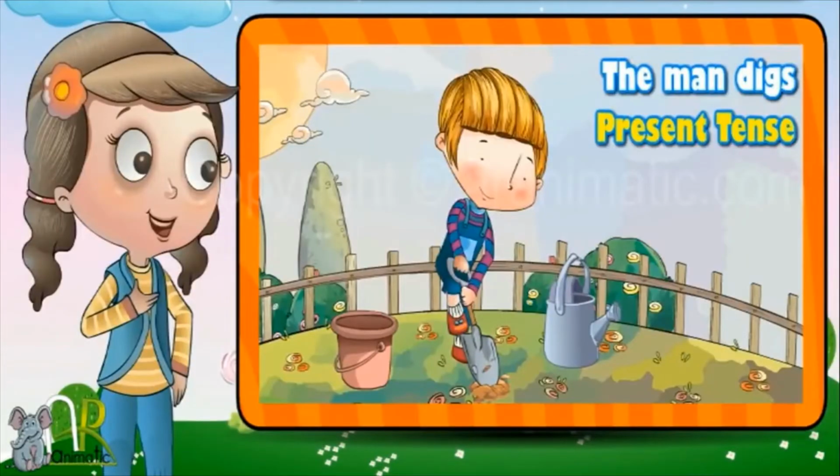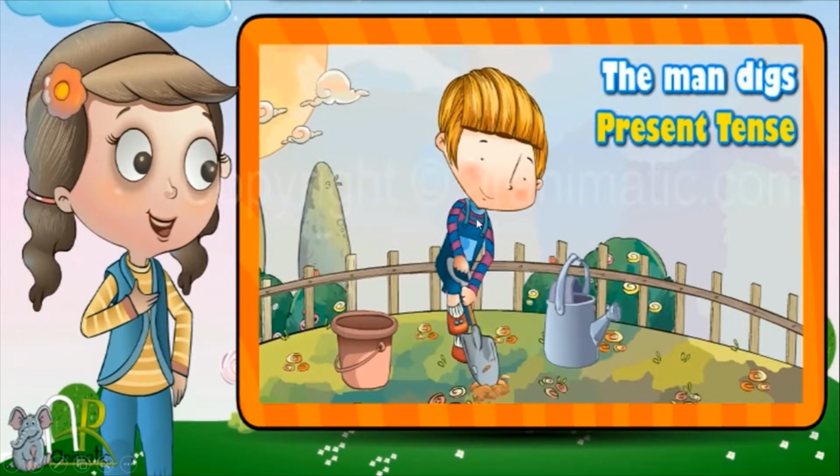Now, I want to show you an example for each tense: the present, the past, and the future. Let me start with the present tense. Here we have a man in his garden. This man is holding a shovel and he's doing something. So we can say here the man digs a hole.